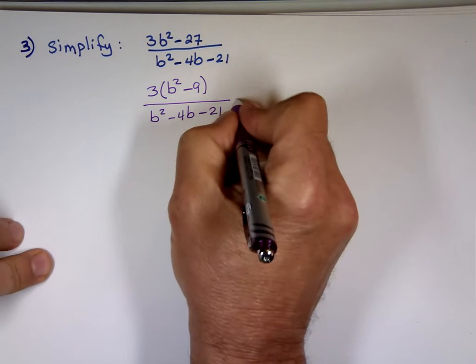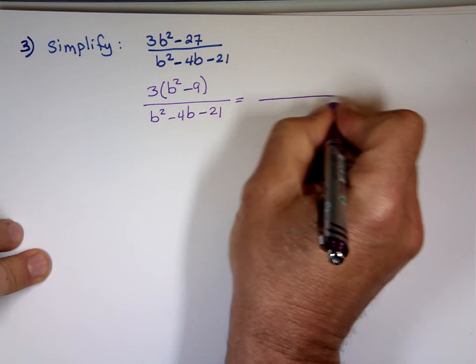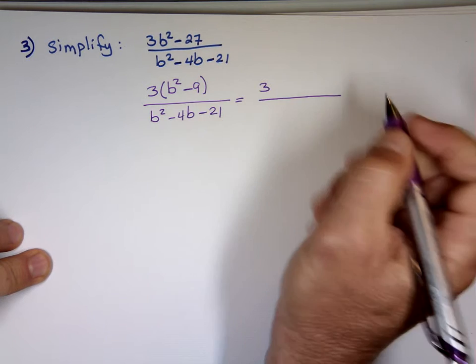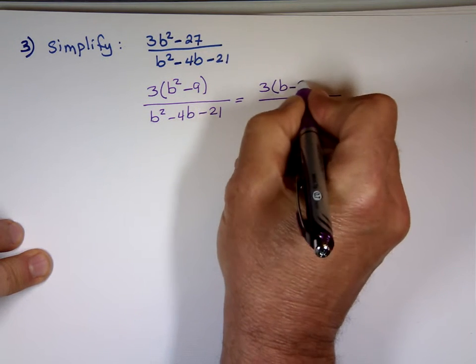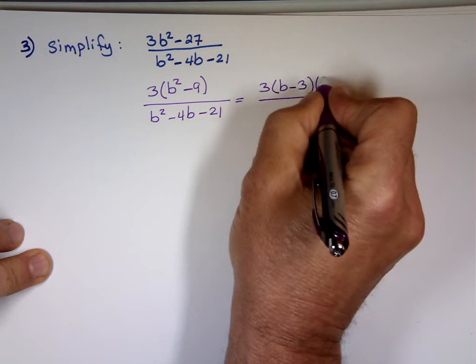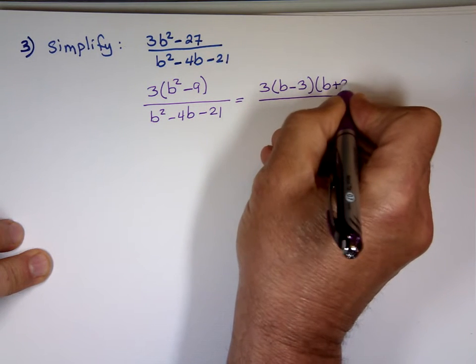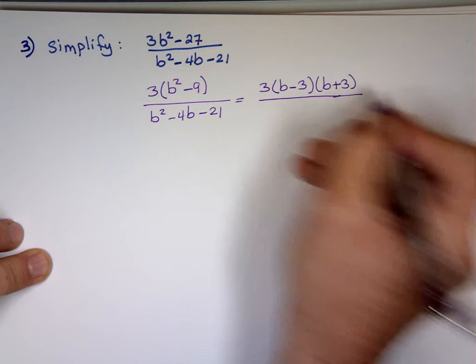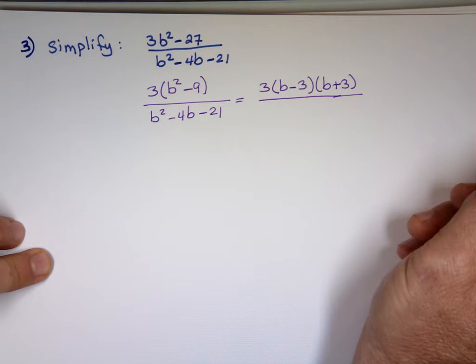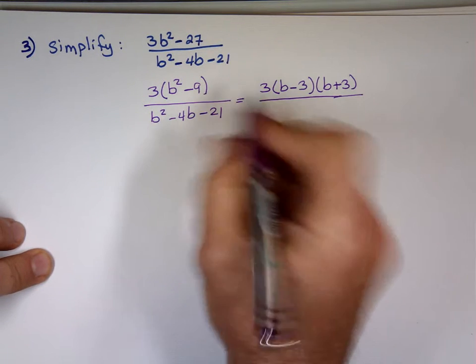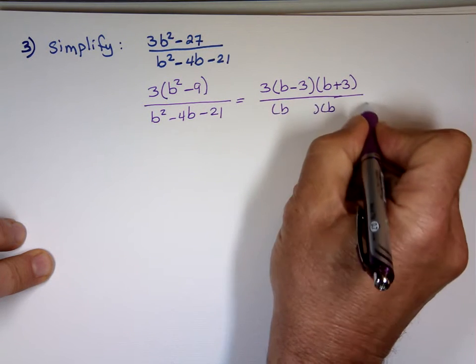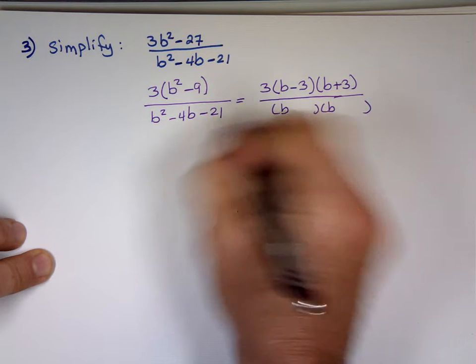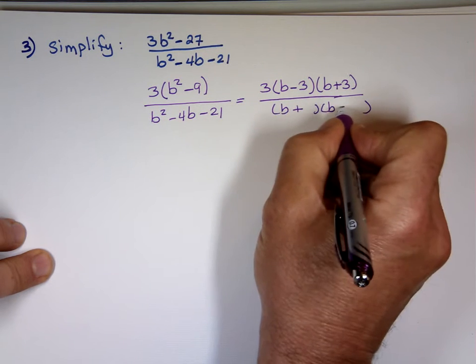Let's simplify even more. b squared minus 9. I should be able to factor that as what? b minus 3, b plus 3. This one, it's b and b. 21, so negative: one is positive, one is negative.